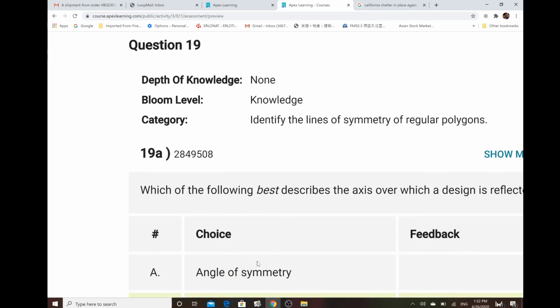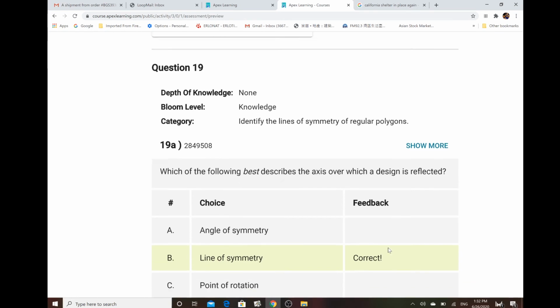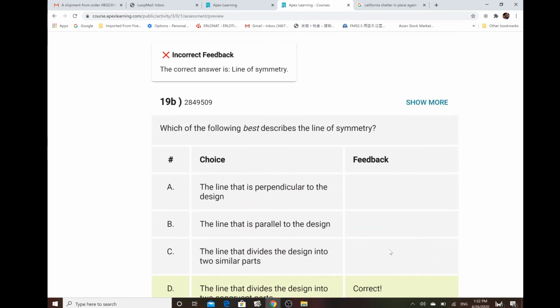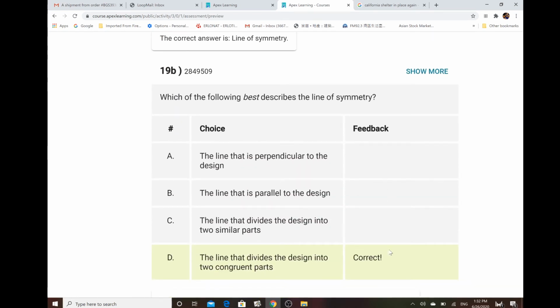Okay, so 19a. This one is all about the line of symmetry. Which of the following best describes the axis over which the design is reflected? So the line of symmetry. What is the line of symmetry about? The line that divides the design into two congruent parts.